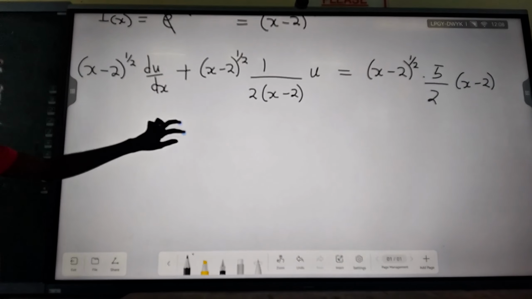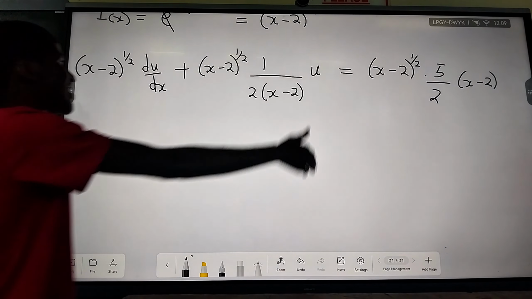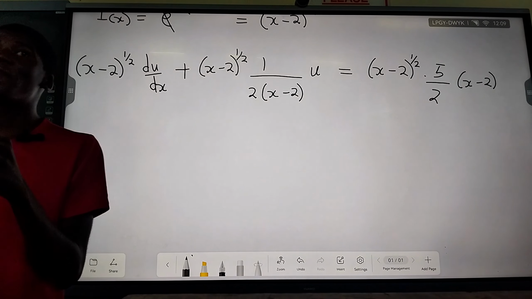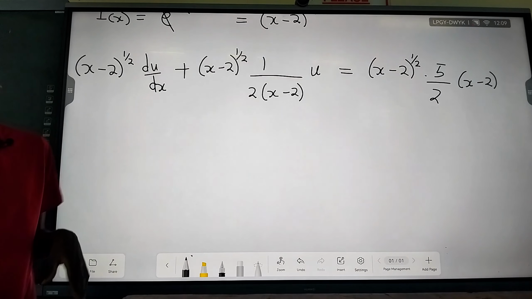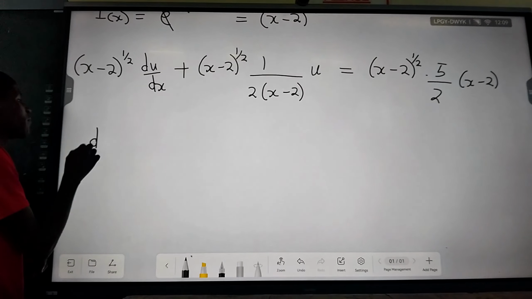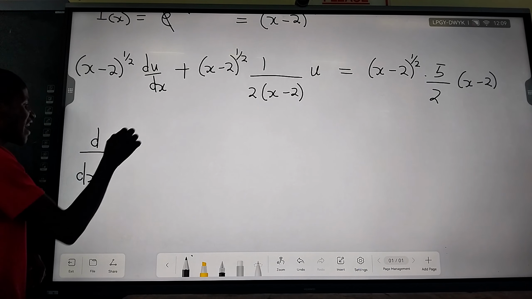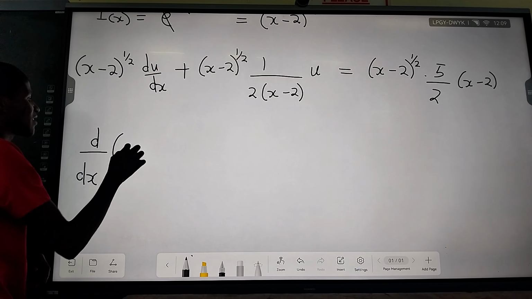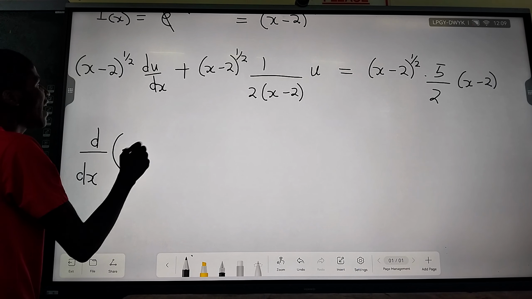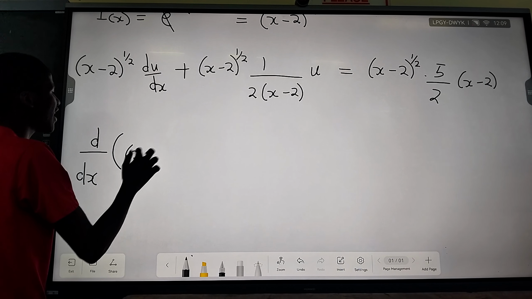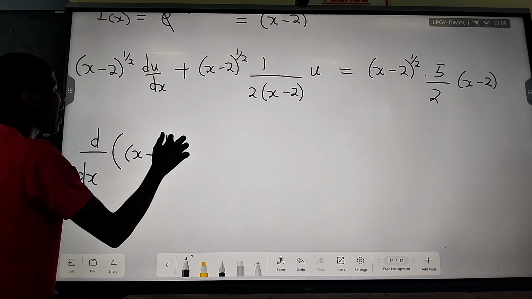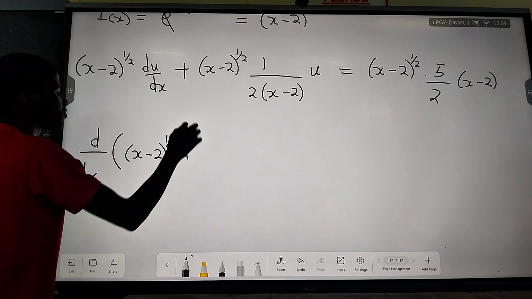From here, the left side of a linear differential equation is always a product rule expansion. You write d/dx of the integrating factor exactly as it is: (x minus 2) to the power half times u.